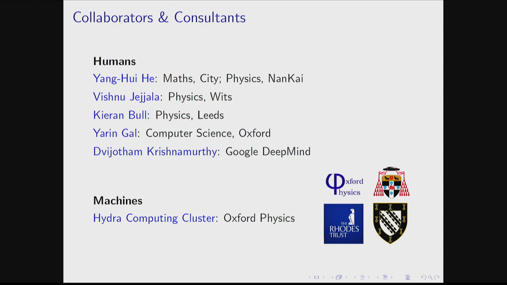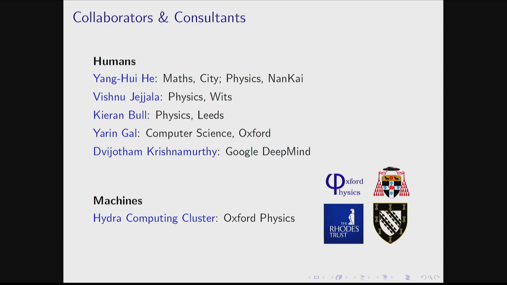So these are the collaborators and consultants that I work with. Kyron Bull is a student. In fact, most of the work done here was done as part of his master's thesis, and he's responsible for implementing all of this. He has recently moved to Leeds from Oxford for his PhD.